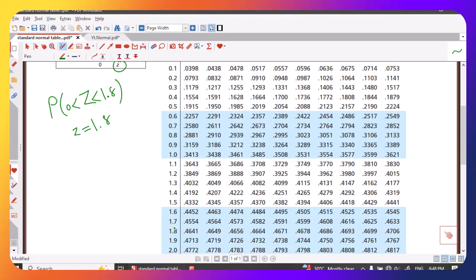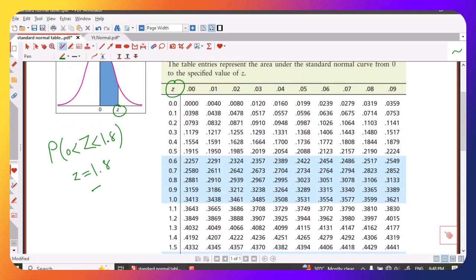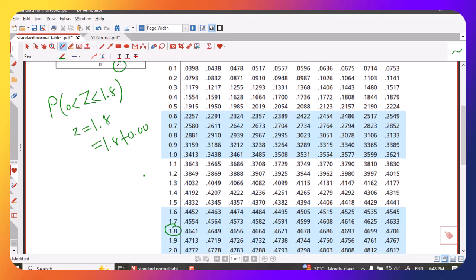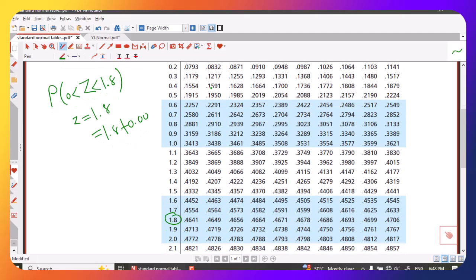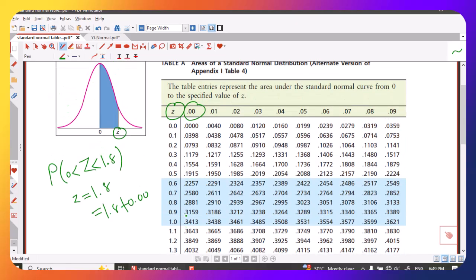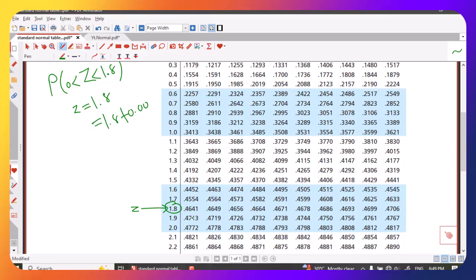So here I have z equal to 1.8, that is 1.8 plus 0.00. So I have to search below 0.00, and in the row corresponding to z equal to 1.8 and here 0.00. So I obtain this value.